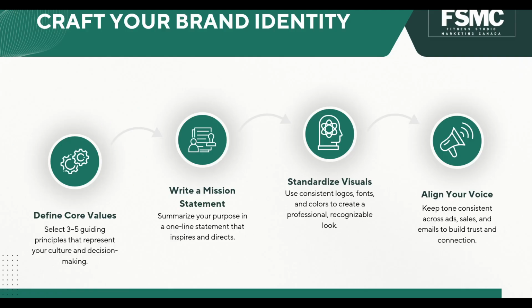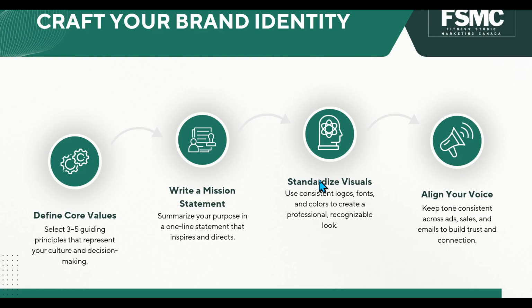The next thing that you should be adding to your business plan is crafting your brand identity properly. That's defining your core values, such as what makes you a gym and what your mission is as a gym. Is your purpose to do weightlifting and get the community lifting, or is it for general health? Once you figure those out, defining your core values and your mission statement, you make that into a visual representation.